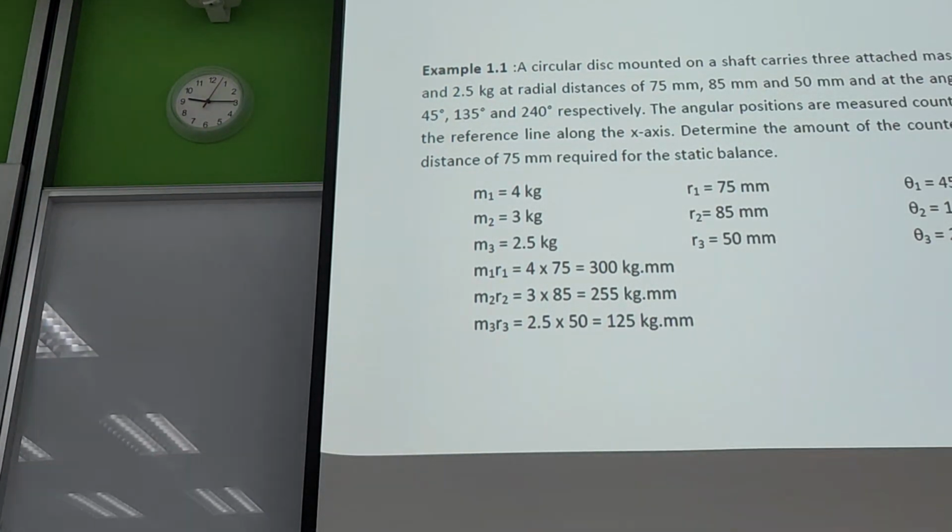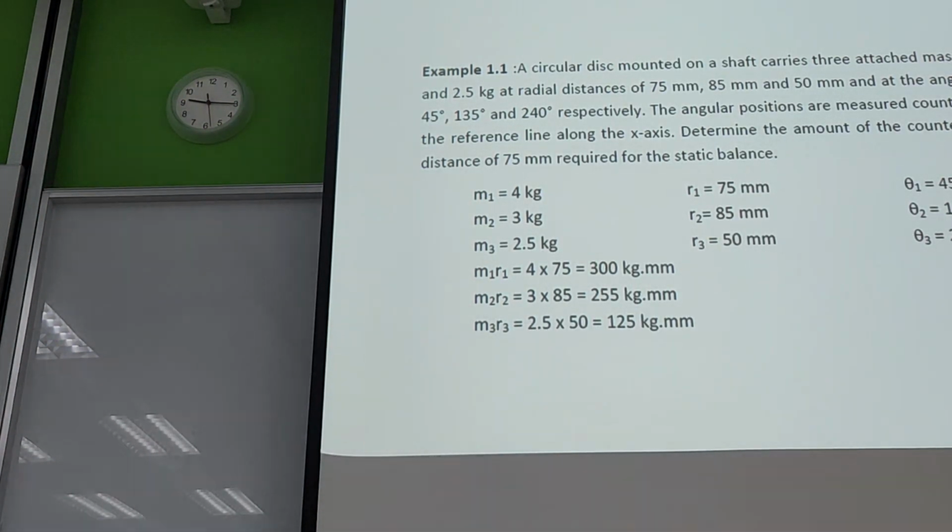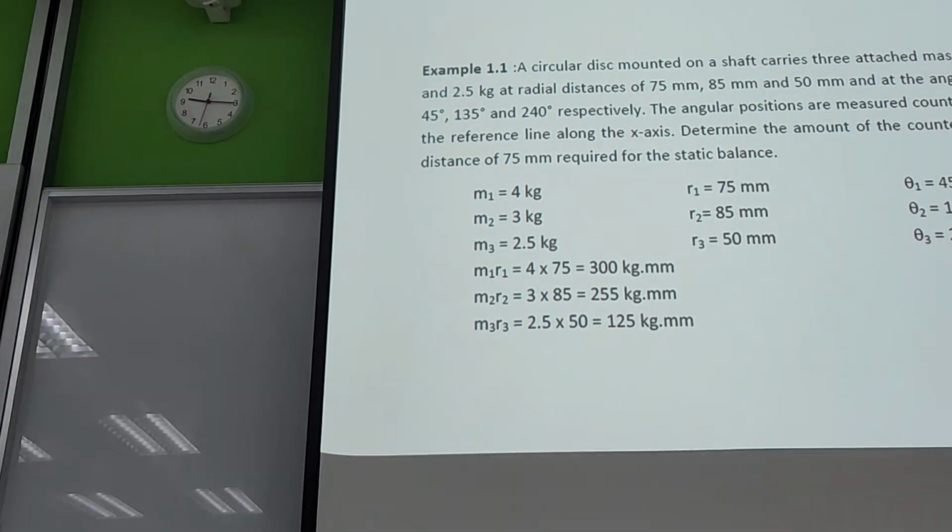So choose a local coordinate axis here. So at 135 degrees, you are going to draw something like this. So this is 255.